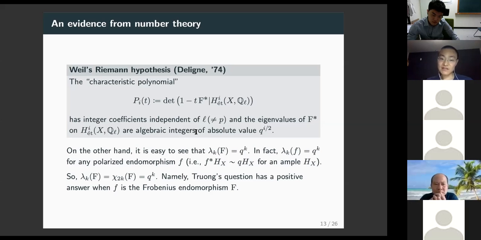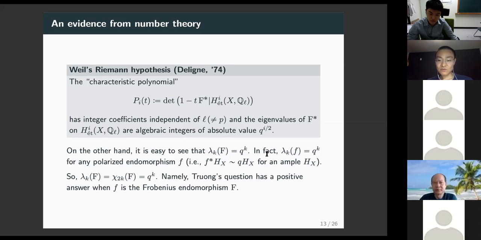Okay, so I think this answers your question, right? If F is a Frobenius, then chi_i is equal to q to the half i, and then chi_2k is equal to q to the k, right? On the other hand, it's easy to see that lambda_k is defined on the numerical group N^k. So lambda_k of F is equal to q to the k.